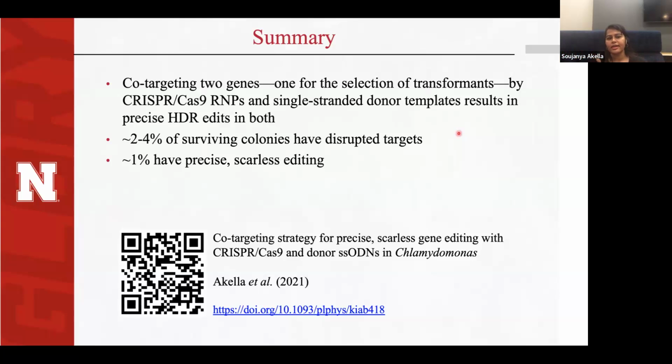You will still get ones that are NHEJ edited, which means they have some sort of disruption in the gene, but you will get about 1% that are precisely edited without a scar, because the Cas9 RNP eventually gets degraded and leaves nothing behind. That's why we call it precise scarless editing. You've not introduced anything into your gene other than the specific changes that you wanted.